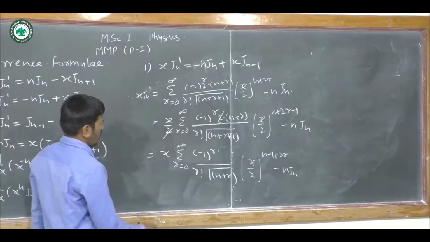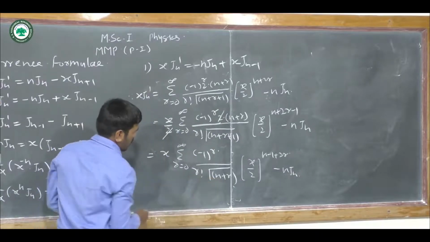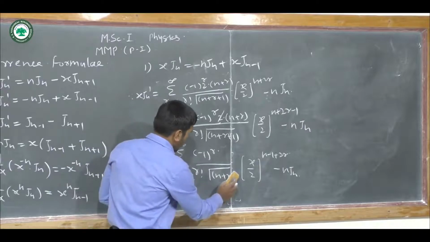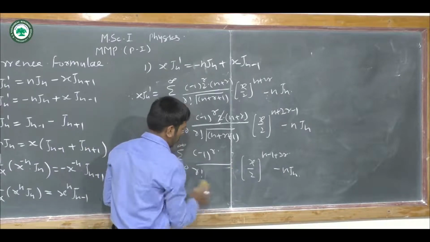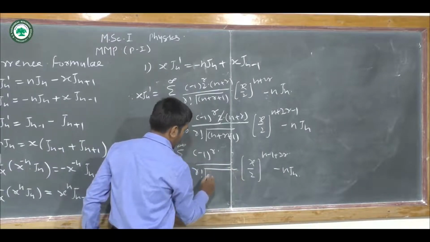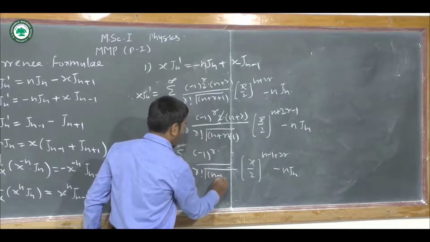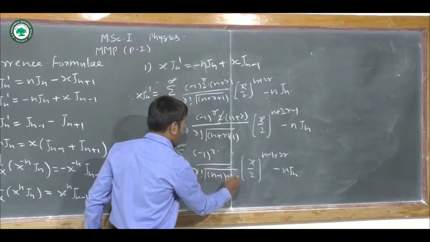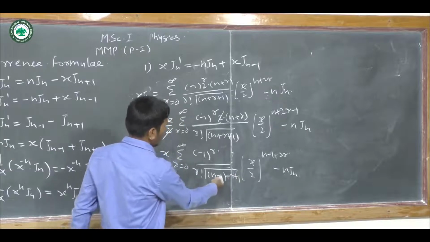Just this n plus r we can write like this: n minus r plus r plus 1. So it is the same n plus r.